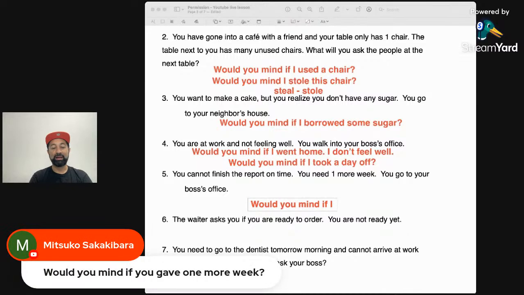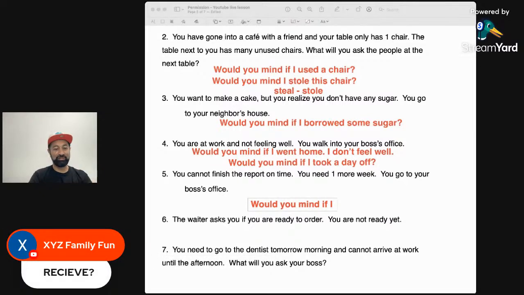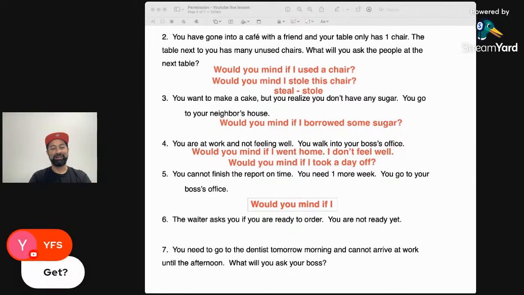Mitsuko, would you mind if you gave one more week? Okay, but what's the opposite of give? XYZ answered it's receive. What is more casual than receive? YFS, get. Perfect. Get. In this situation, I think using get is the most common verb to use.